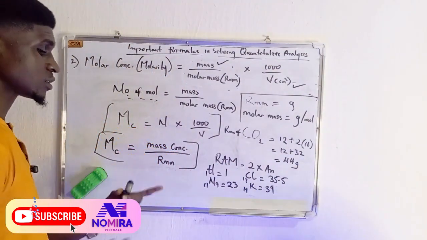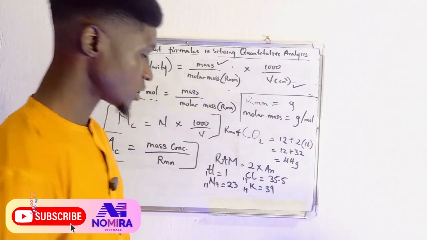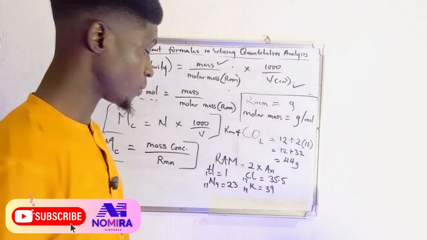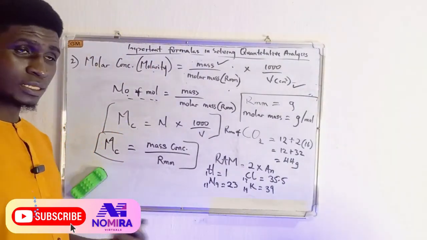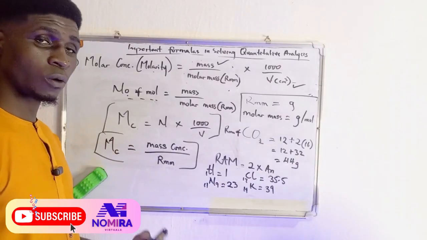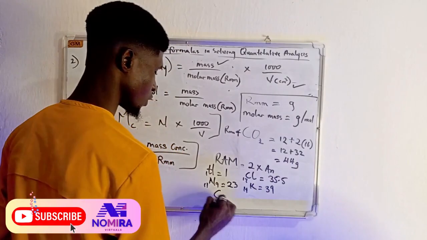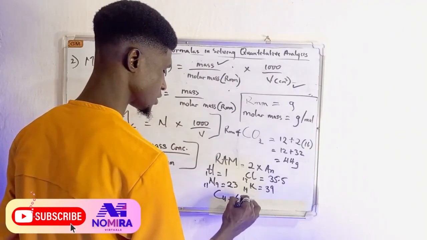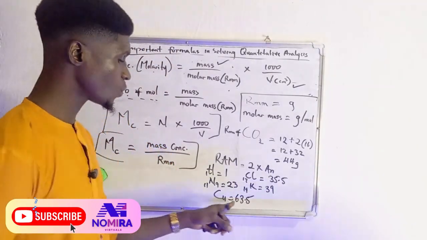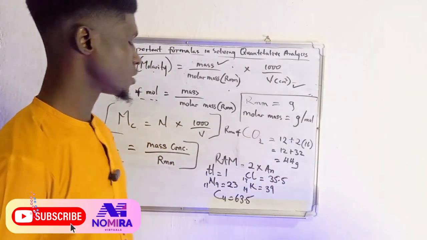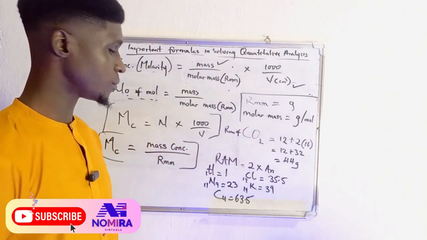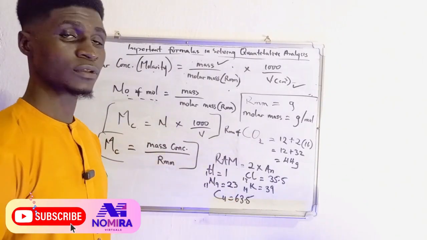One other one that is not among the first 20 elements, but we usually find in our questions, is copper. Copper is 63.5. If it was to follow this formula, it would be 64, but it gave us 63.5.